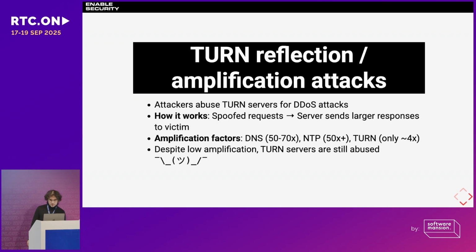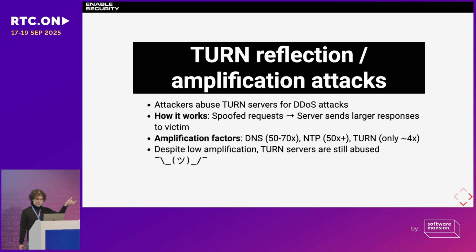But yeah, let's talk about reflection attacks, because attackers are actually abusing this in the wild. And the way it works is the attackers spoof the source IP address. And this is in general for amplification attacks.